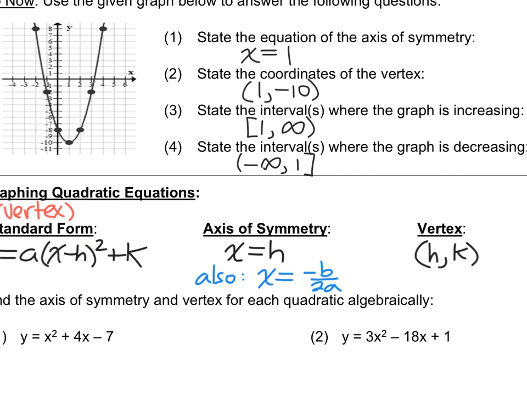So this one doesn't quite fit what we're doing here. But if you're given an equation in its general form, you could use negative b over 2a instead of this approach. But I want to familiarize you with the approach to get it into standard form because there's value to it. The reason why it's called standard is because it is a standard approach no matter what function you're dealing with. It could be linear, quadratic, cubic.